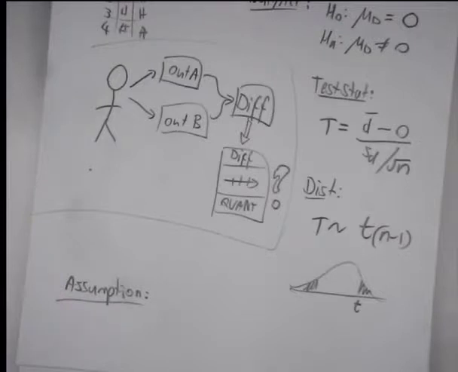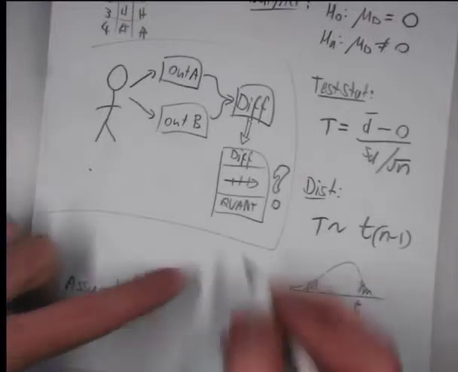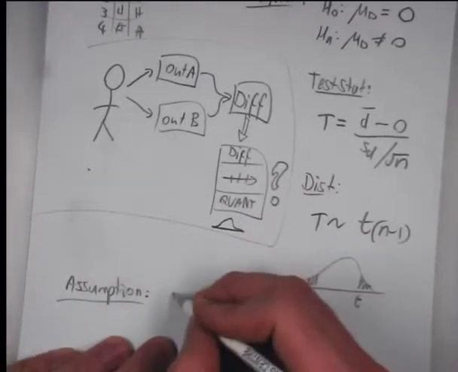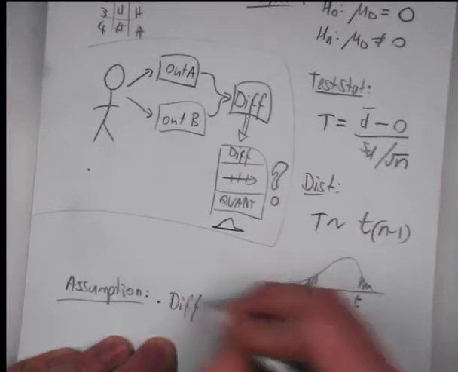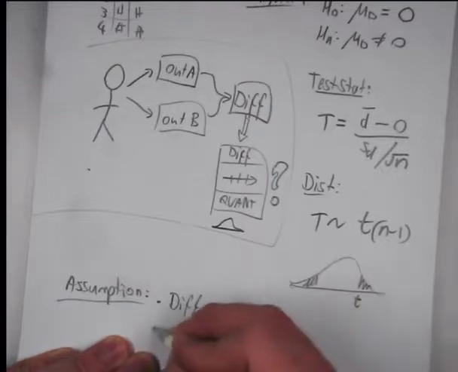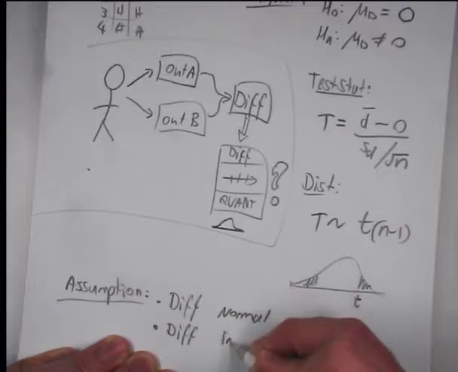You know how I drew that normal distribution at the top? I actually don't care what the original variables were. I just care about whether the difference comes out to be normally distributed. So the differences are normally distributed, come from a normal distribution, and the differences are independent.